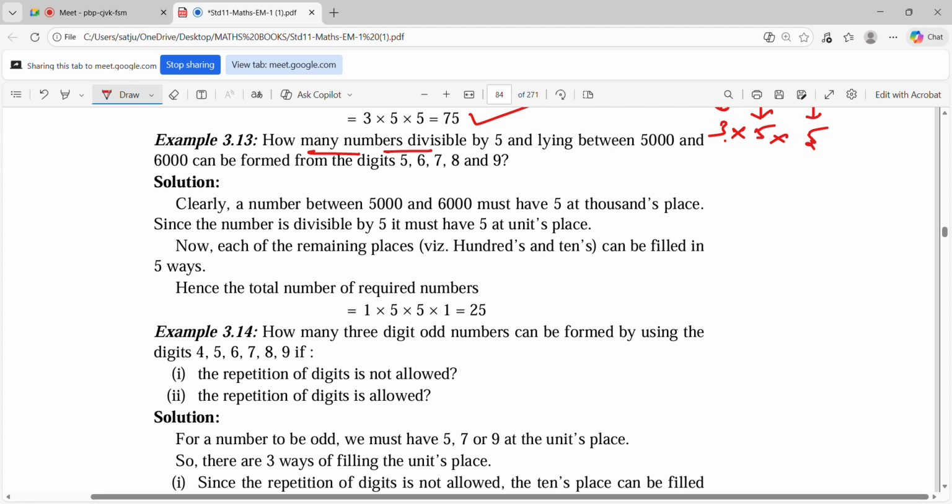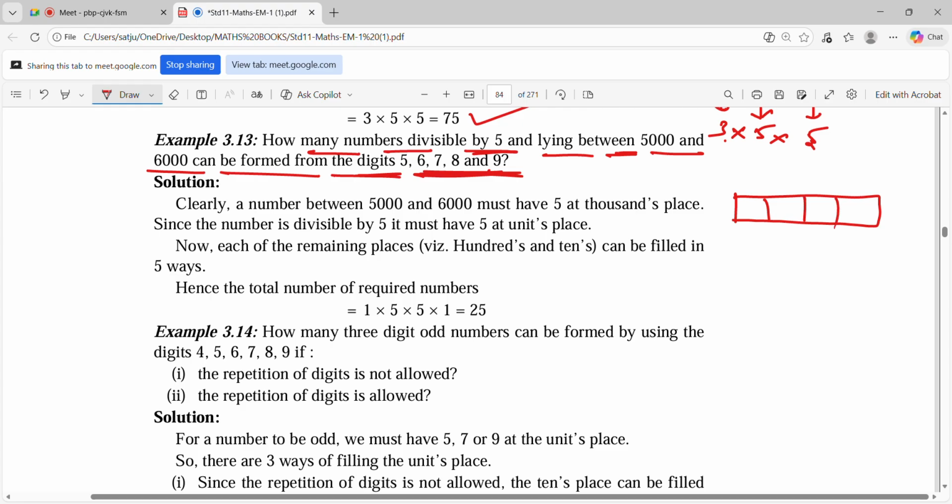How many numbers divisible by 5 lying between 5000 and 6000 can be formed using the digits 5, 6, 7, 8, 9? Now listen carefully. Between, so now the constraint plays a role. All are 4-digit numbers.